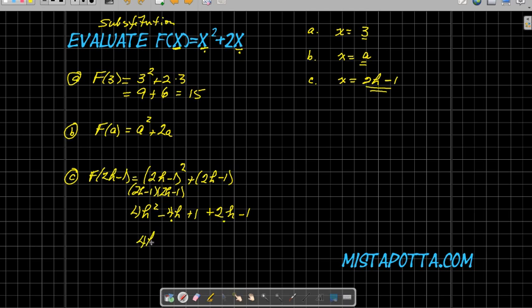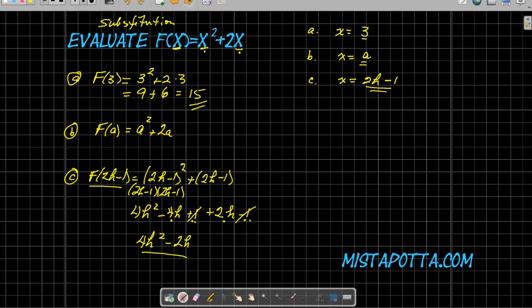So I'm going to get 4h squared minus 2h, and the plus 1 and the minus 1 make a zero pair. They're going to eliminate each other. So this expression is the result of evaluating this function for the expression 2h minus 1. Notice that when we're evaluating a function, we can get a numerical answer or we can get an algebraic expression. So just be aware of that.